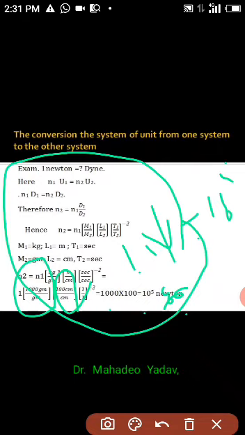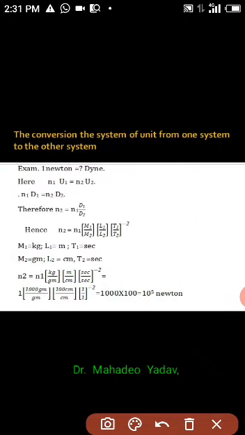So 10 to the power 5 dyne. At the place of Newton we put dyne.